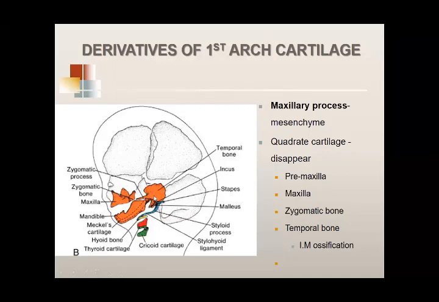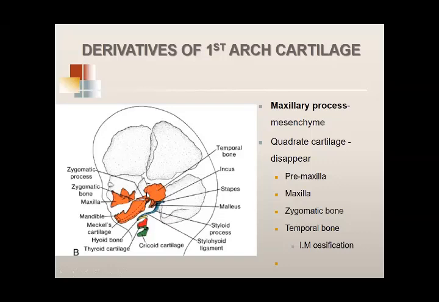When we discussed these bones, I told you the temporal bone begins to develop. Now all these bones develop by intramembranous ossification. We discussed this earlier, and I told you the temporal bone begins to develop as a bone of the face, but later on it is drawn backwards, and it becomes part of the bone of the skull.